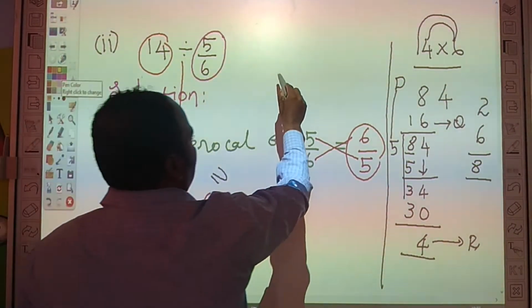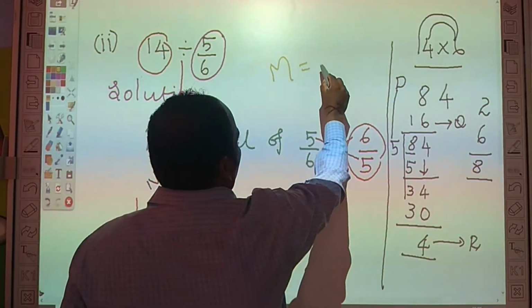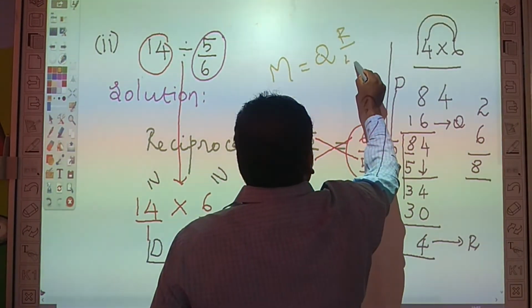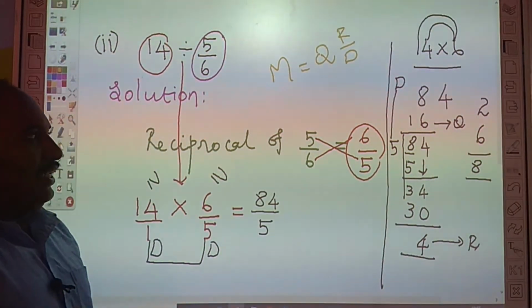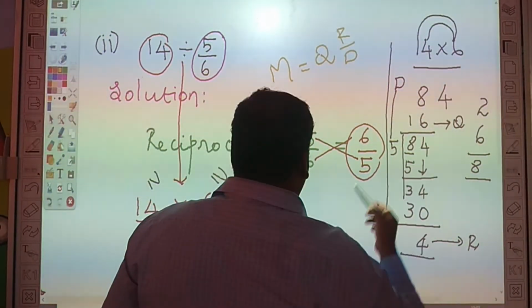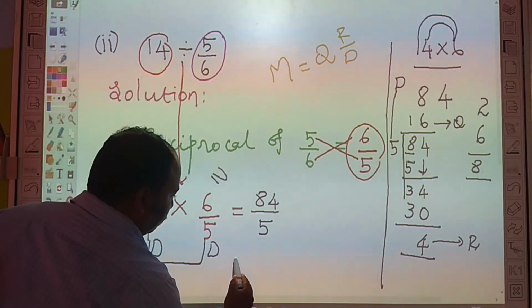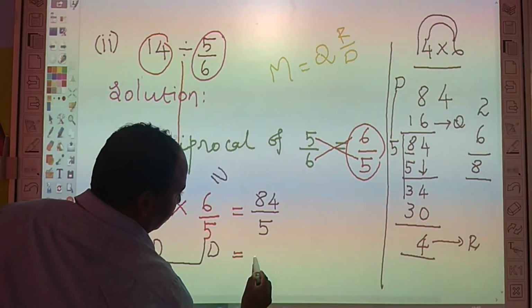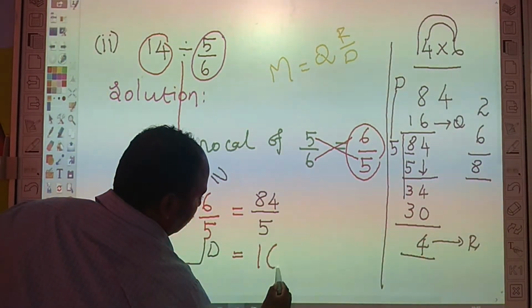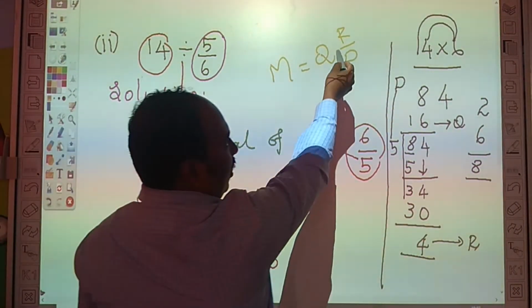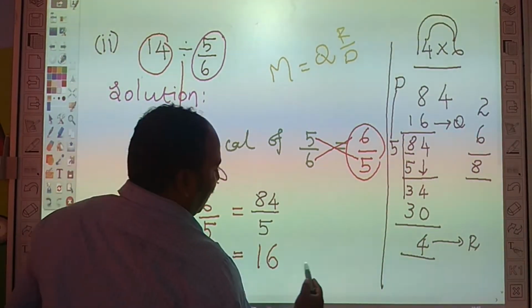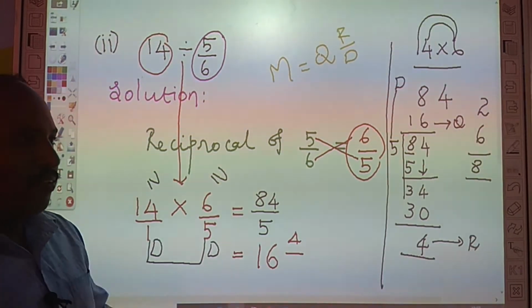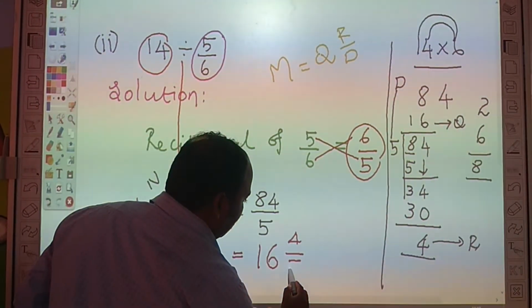Mixed fraction means Q into R by D. Q is equal to 16, and R is equal to the remainder 4. Then the divisor is 5.